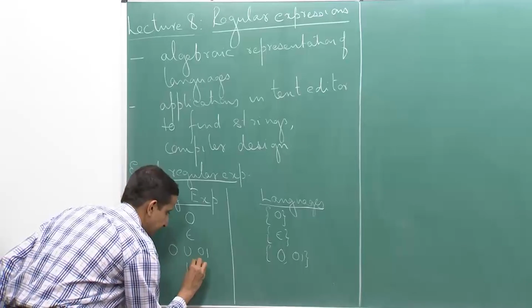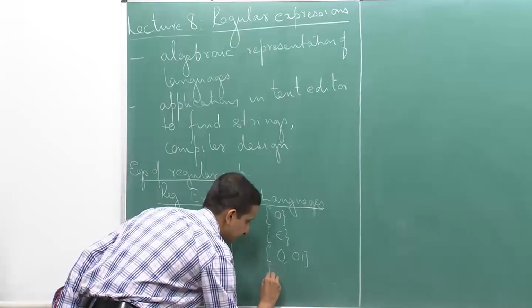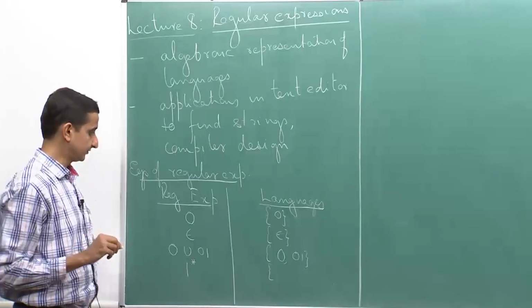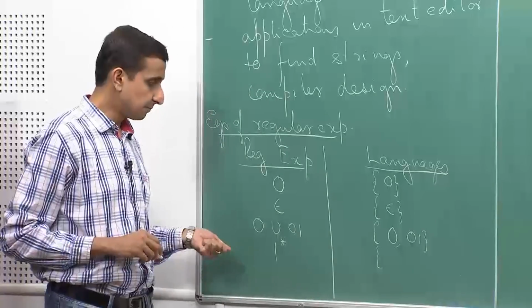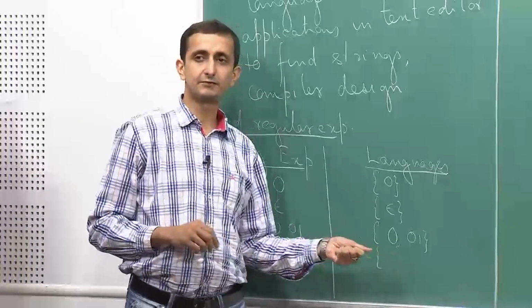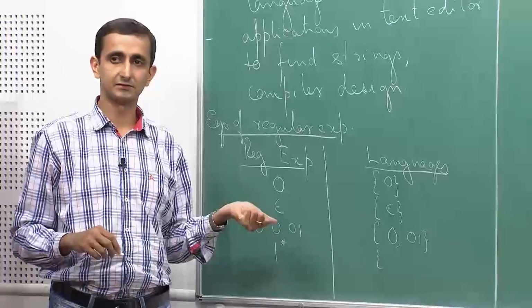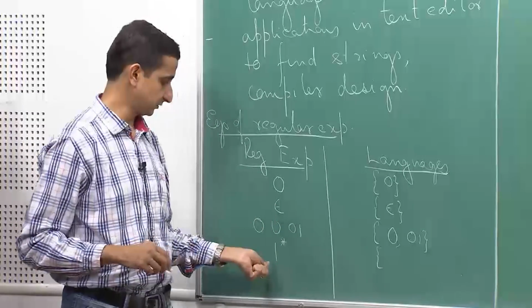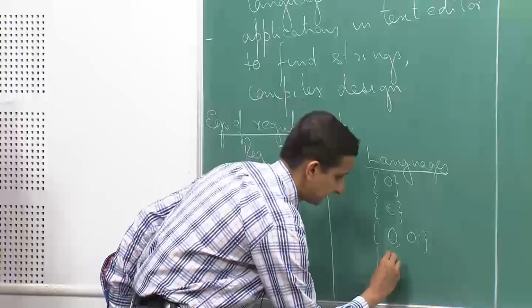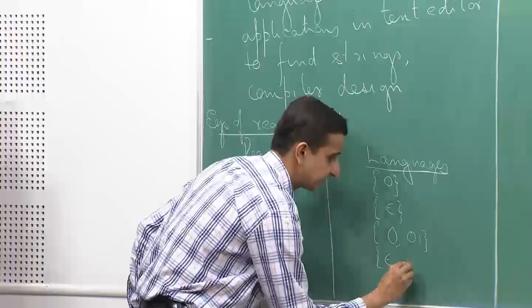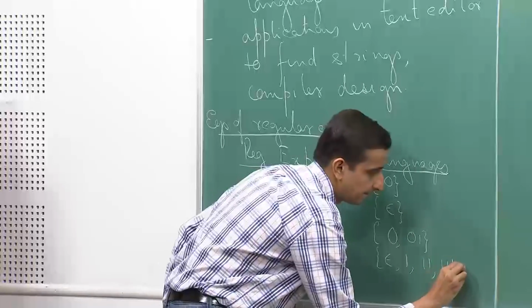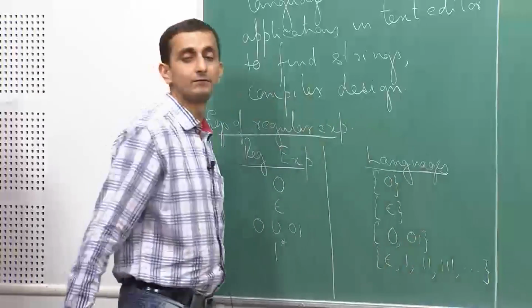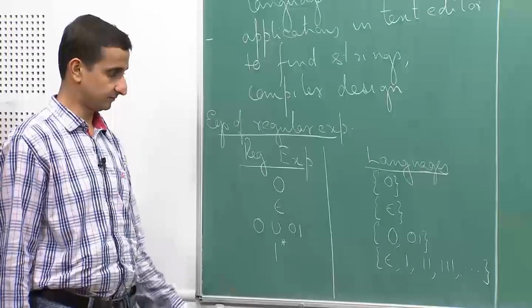So 1 star corresponds to the language which consists of all strings which have k occurrences of 1s, where k is greater than or equal to 0. If it is 0 occurrences, that gives the string epsilon. For a single occurrence, we have 1, then 11, then 111, and so on. So it is an infinite language.